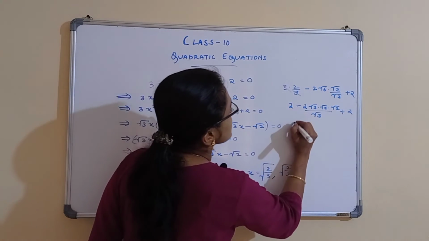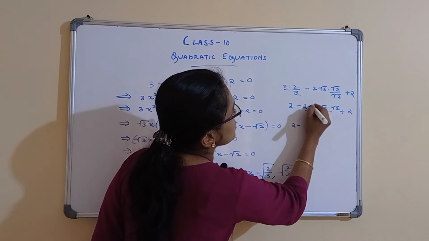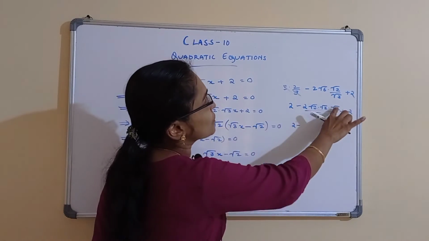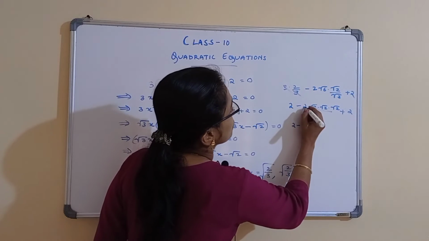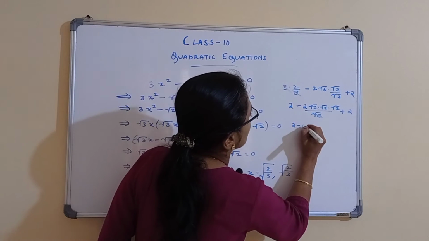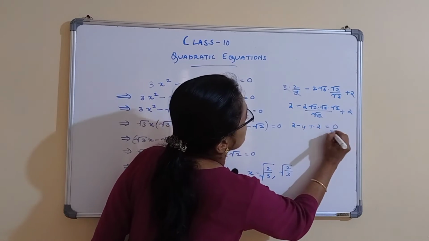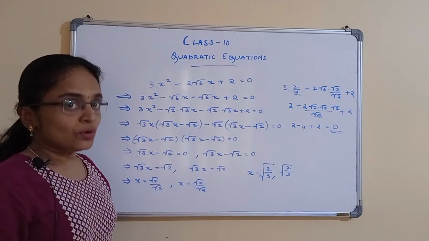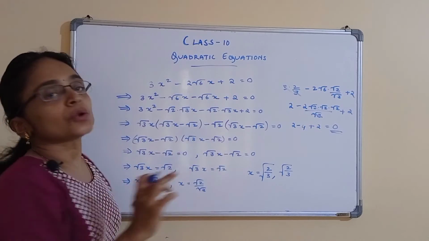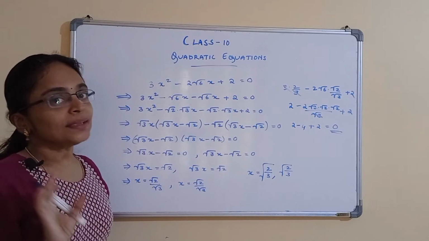Right? So this is equal to 2 minus, this will get cancelled and root 2 into root 2 is nothing but 2. So 2 into 2 is 4. 2 minus 4 plus 2, which is equal to 4 minus 4, which is equal to 0. So the roots of this equation are root 2 by root 3 and root 2 by root 3.